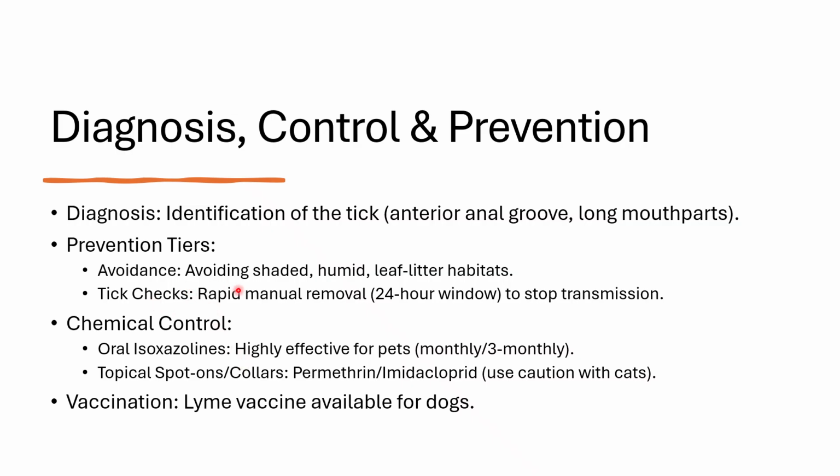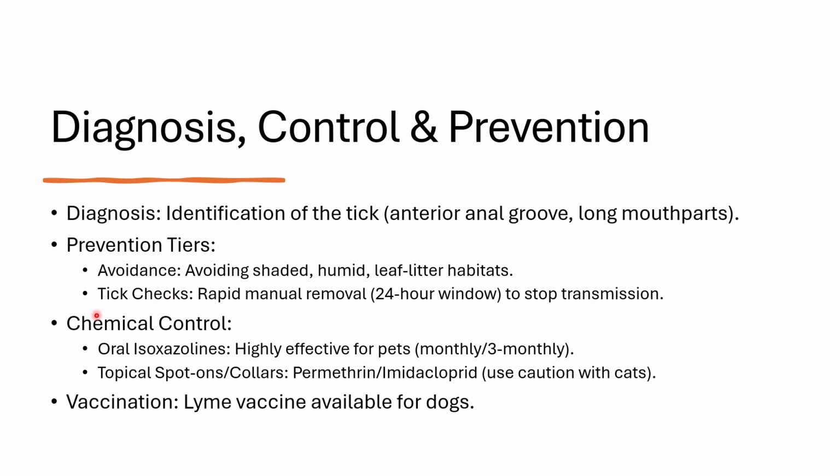We need rapid manual removal of the ticks within the 24-hour window from the start of the attachment to stop the transmission, because it will require about 1 to 2 days, or 24 to 48 hours, for the bacteria to be transmitted in the saliva, such as in the case of Lyme disease.